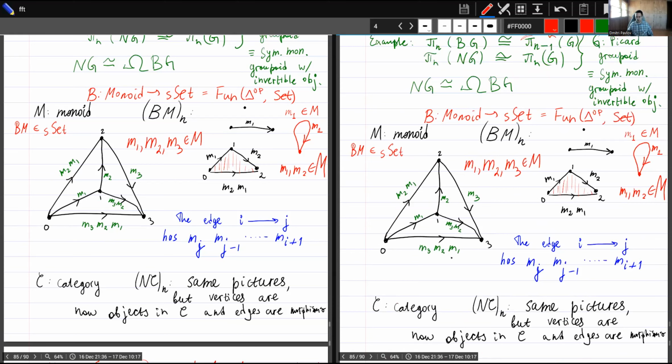But a monoid, apart from the multiplication operation, also has a neutral element which we haven't used yet. And this neutral element, of course, will be taking part in the degeneracy operation. So for example, if I start with my vertex and I degenerate it once, I get an edge, and this edge will have the neutral element as its label. So degenerating some vertex creates new edges, and these edges are going to have the neutral element on them.